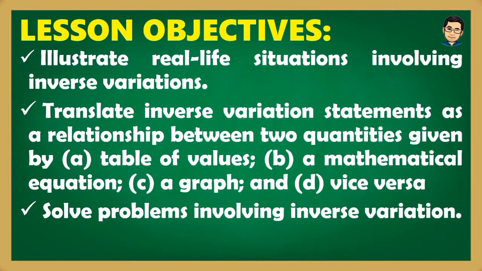First, we will be illustrating real-life situations involving inverse variations. And then we will translate inverse variation statements as a relationship between two quantities given by a table of values, a mathematical equation, a graph, and vice versa. And then of course, we will be solving word problems involving inverse variation.